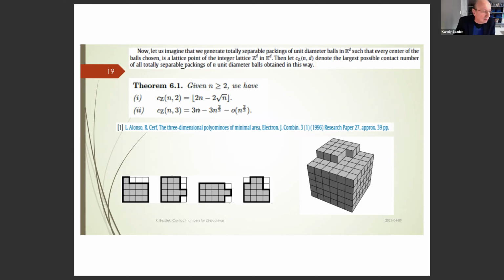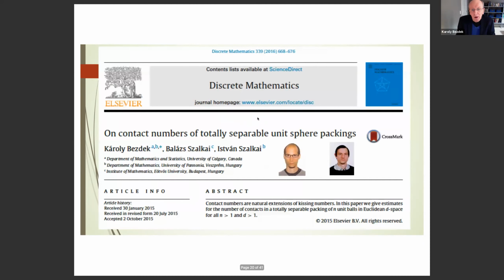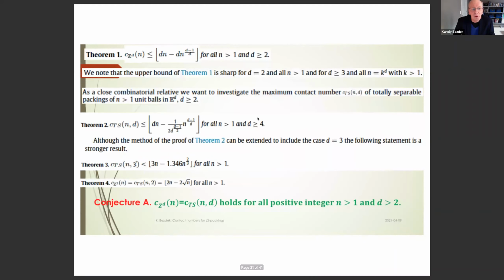One would not expect an exact formula, only an approximate one, as you see here. Now, the question was, what can we do when we get rid of this underlying lattice structure and allow general totally separable unit sphere packings? Can we come up with an upper bound for the contact numbers? The answer is summarized here.